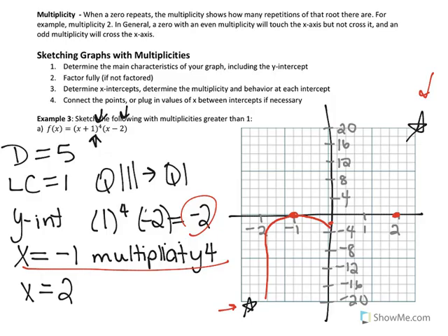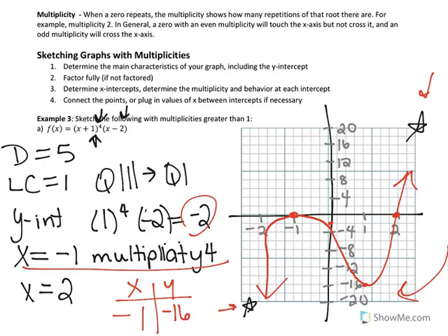We don't know how low it's going to get down here though, so let's make a quick table of values. I'm going to plug in a negative 1. When I plug a negative 1 into this equation, I get negative 16. So all the way down here at negative 16, and then it's going to go up. So there's the sketch of this function.